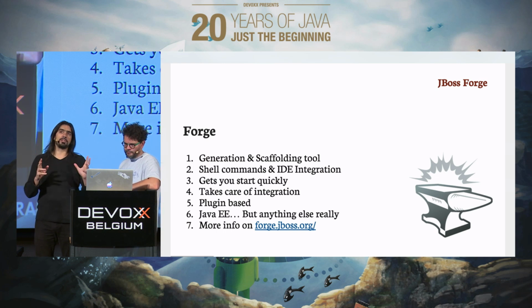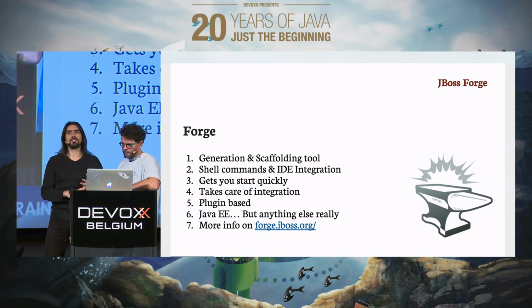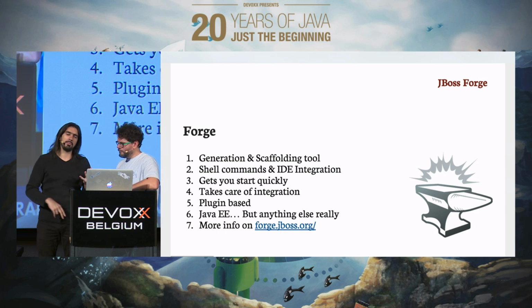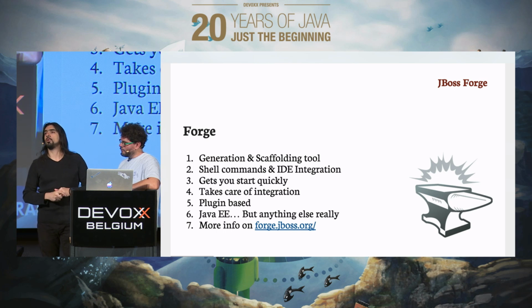It takes care of integration, so for a Java EE 7 app, I need a beans XML, a persistence XML and a web XML, and it's going to do all that for me. We're going to use it only for Java EE, but JBoss Forge is extendable, and there are add-ons for Angular.